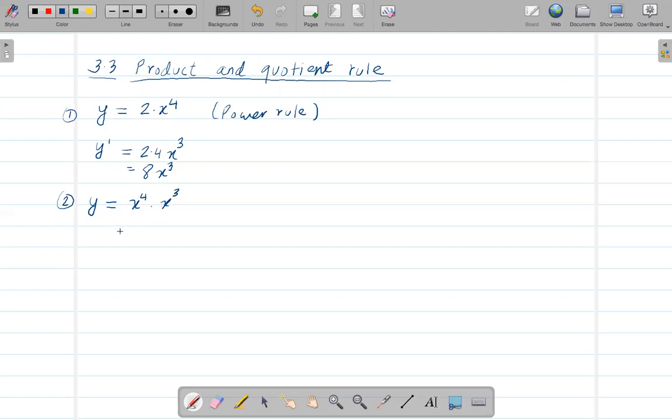So in this case, we can combine these two. When there is the same base, we can combine them into a single base and just add the powers. And then after this, I can take the derivative, which will be 7 times x to the power 7 minus 1, which is 6, right?